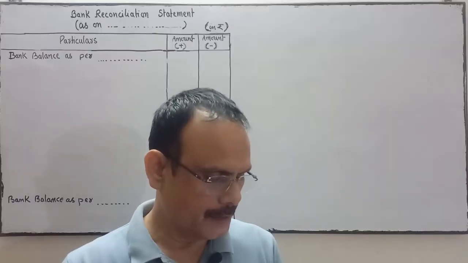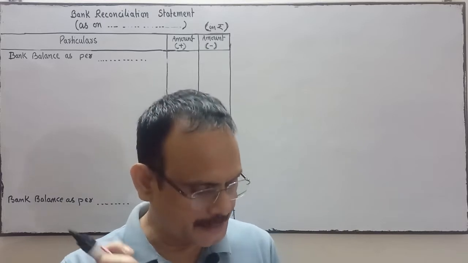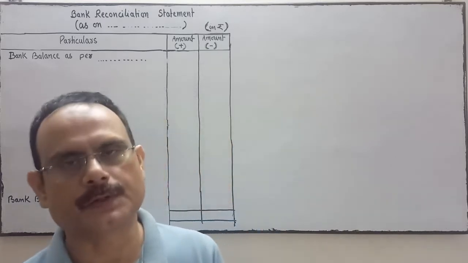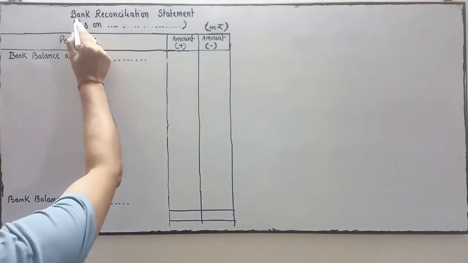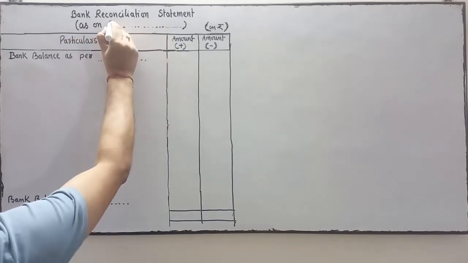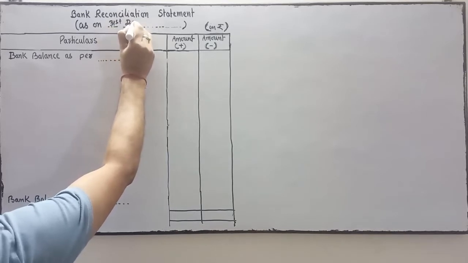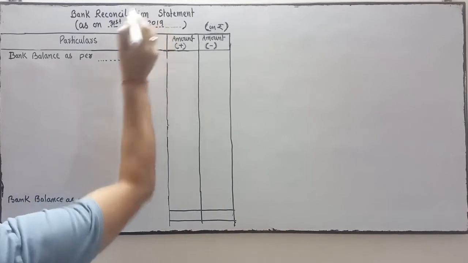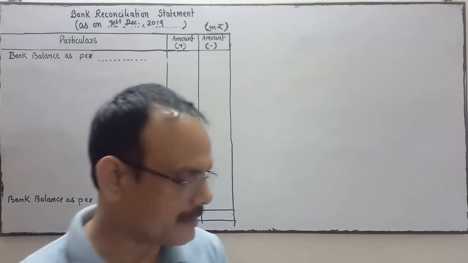The question is, from the following information, prepare a bank reconciliation statement as on 31st December 2019. So you must write the heading: bank reconciliation statement as on 31st December 2019. You write the date, okay? As on 31st December 2019.